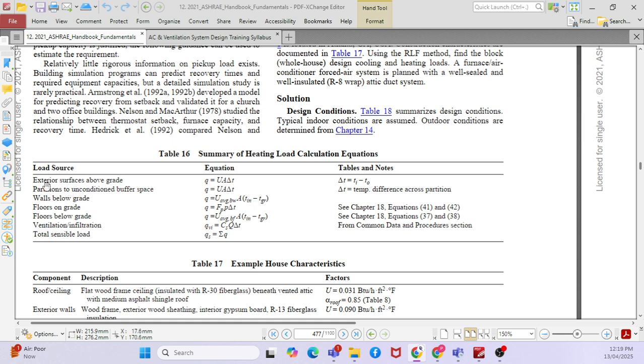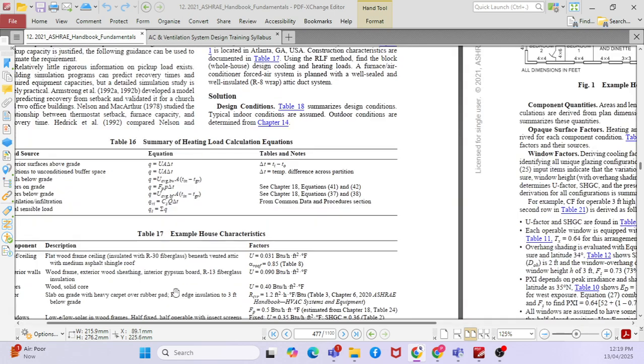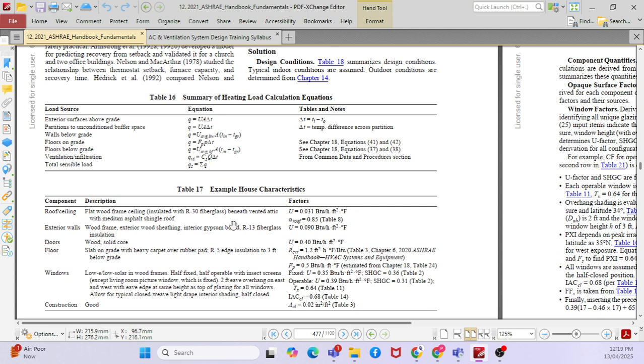For example, for an exterior surface above grade, you have Q equals UA delta T. Q is nothing but heat, A is the area, and delta T is the temperature difference. U is the coefficient, the U value.